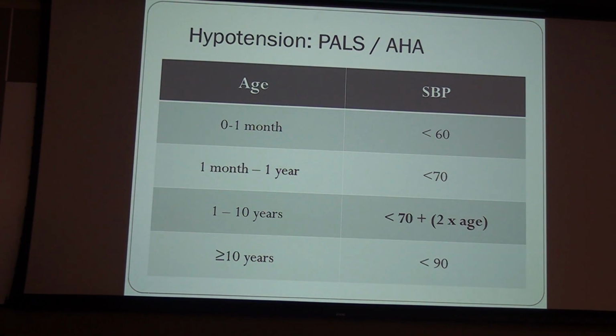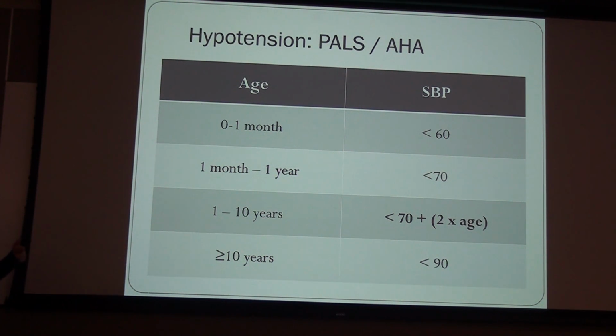So a systolic blood pressure of less than 60 in a newborn, and in a neonate who's just recently born, then we use MAP, should be about equal to their corrected gestational age. In 1 month old to 1 year old, a systolic less than 70, and then between 1 and 10, use the equation of 70 plus 2 times their age as the definition of hypotension.